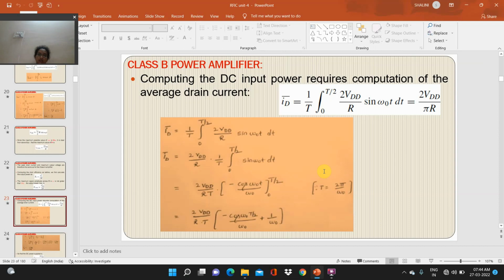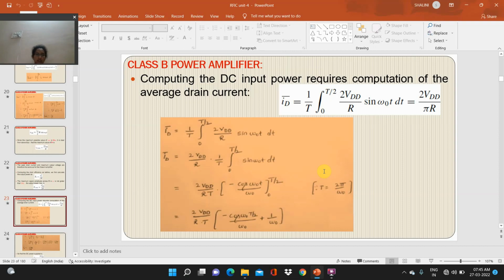So ID bar is equal to 2 VDD by R into 1 by T integral of 0 to T by 2 of sin omega naught t dt. Next, that is equal to 2 VDD by RT of minus cos omega naught t by omega naught, from 0 to T by 2.